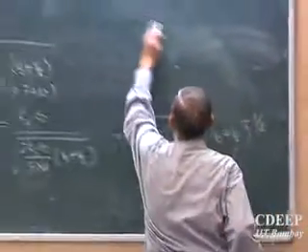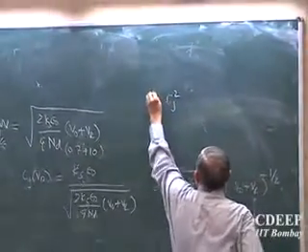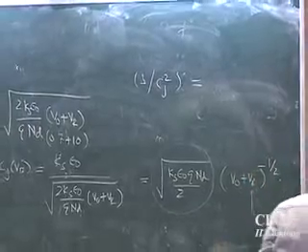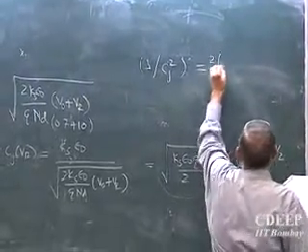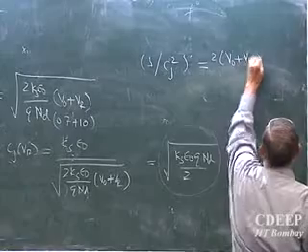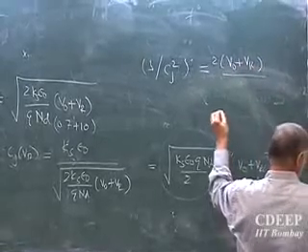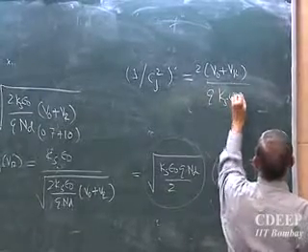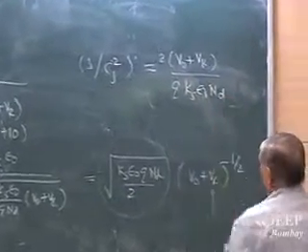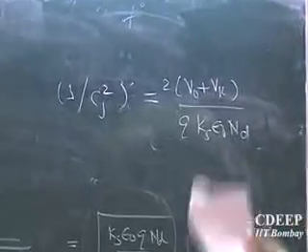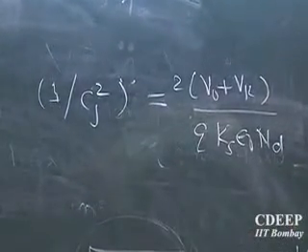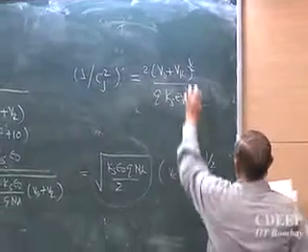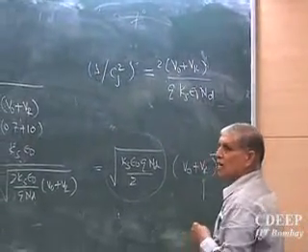If I do instead 1 upon Cj square, it is 2 (V0 plus VR) divided by Q Ks epsilon naught ND.